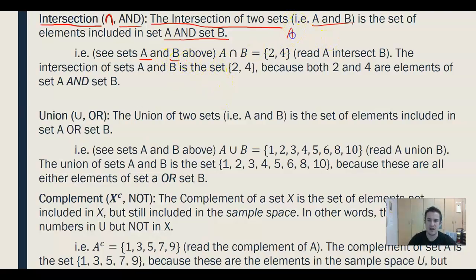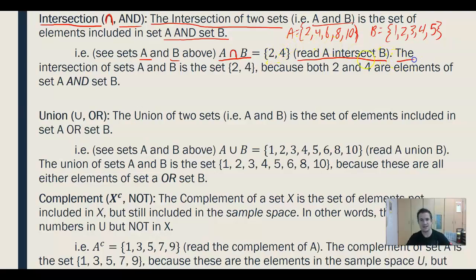Let's see. A was {2, 4, 6, 8, 10}, and B was {1, 2, 3, 4, 5}. Okay, so A intersect B: when I have this A, upside-down horseshoe, B, that reads A intersect B is equal to the set containing 2 and 4.